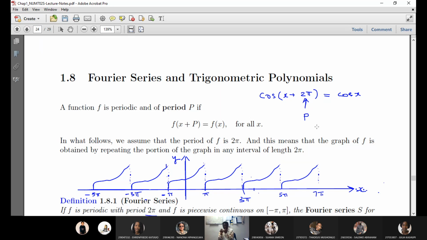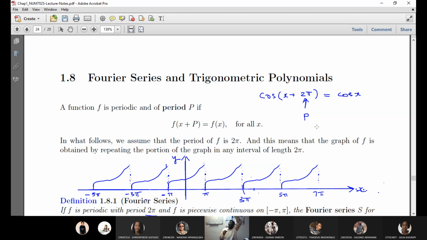So you can see cosine x is a periodic function of period 2 pi, meaning that after 2 pi I come back to the same position, which gives the function the same value. A complete circle gives exactly the same cosine value, even though the angle is different.